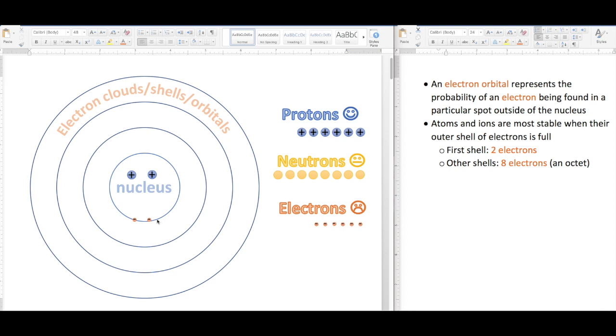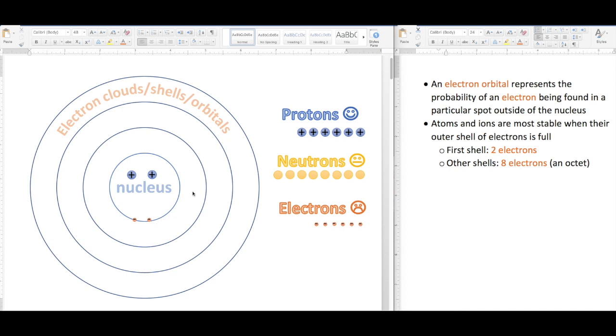So the first shell, the one that's closest to the nucleus, can hold 2 electrons, and the others can hold 8. And so the goal of the atom or ion is to be as stable as possible, and therefore to have a full outer shell. And there's different ways that it can get there.